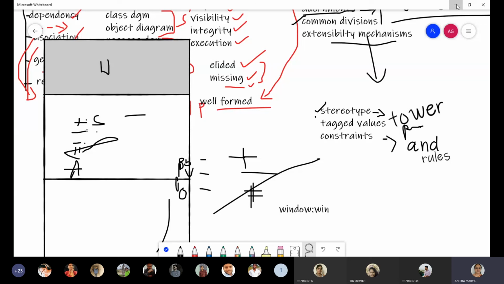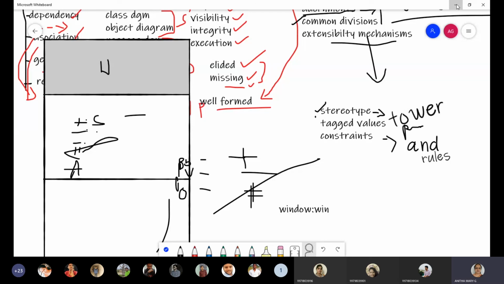So again, I just repeat this. The last one in common mechanisms is extensibility mechanisms. Extensibility mechanisms means what can be extended in future for the existing mechanisms. That is stereotypes, tagged values and constraints. Stereotypes are nothing but extending the vocabulary. So if we have some exceptions and all, how we can take them over, that is extending vocabulary.